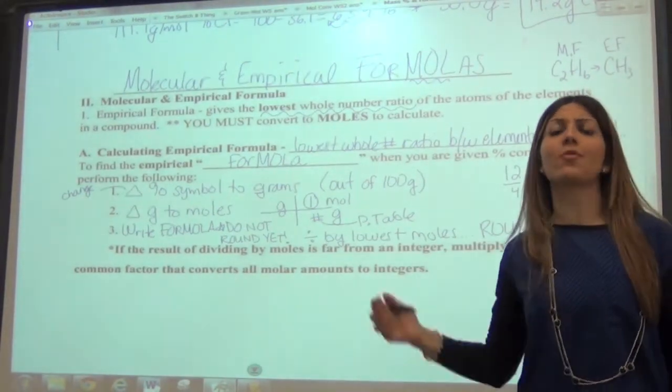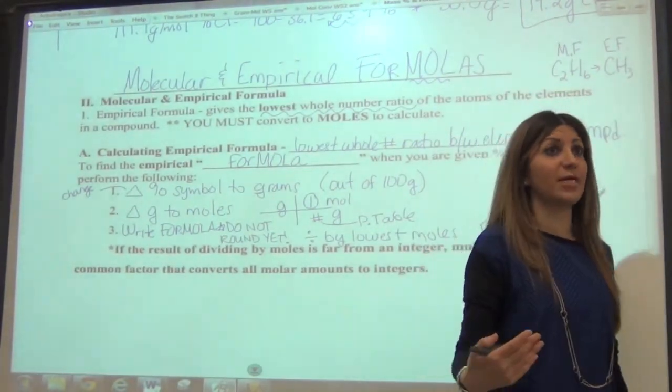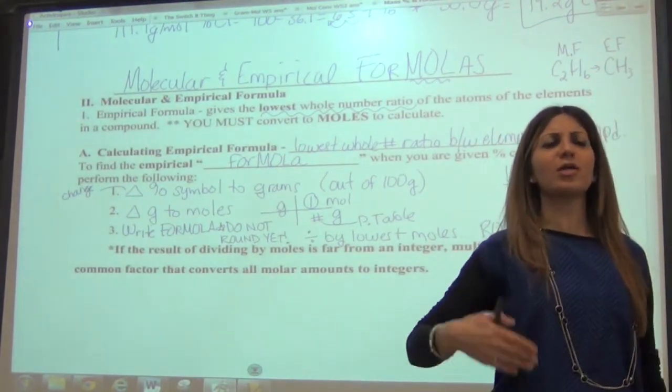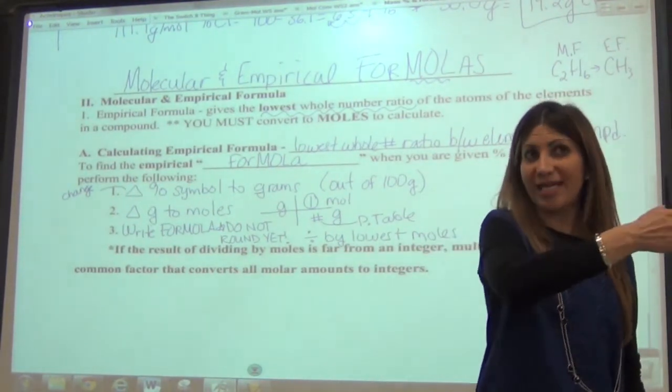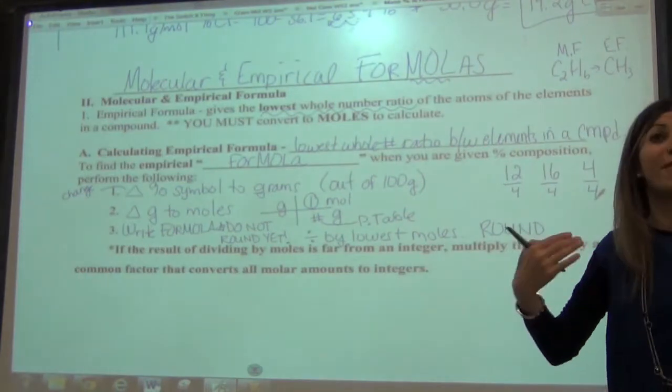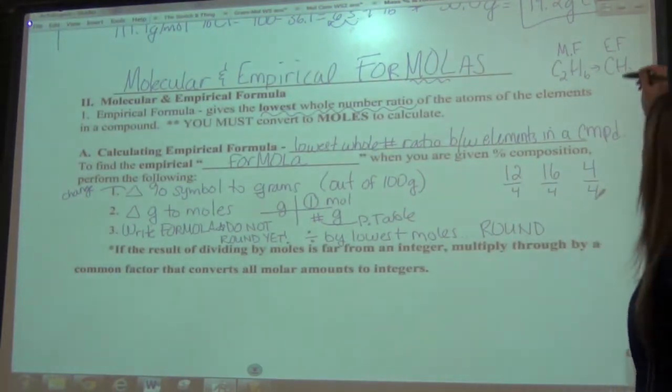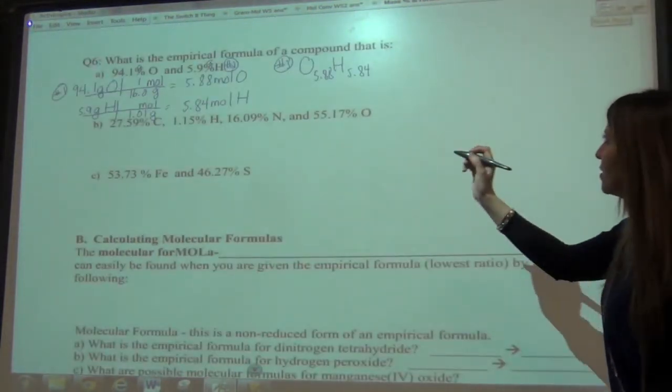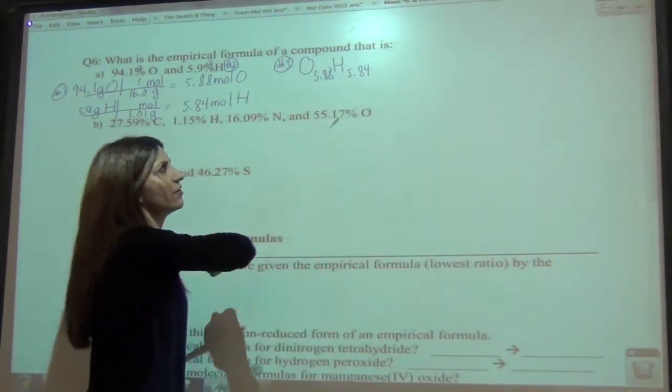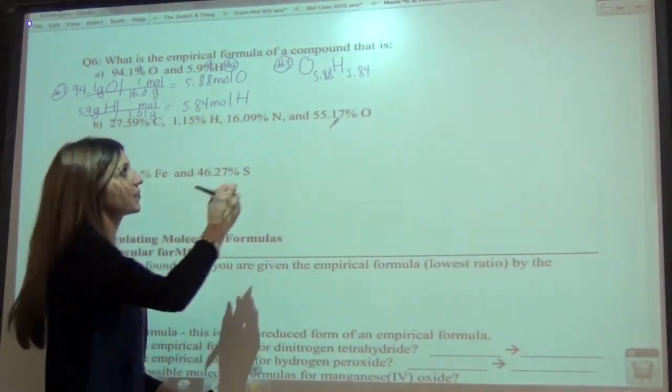And this really helps when we're doing these because the formulas have to be in whole numbers. So we know as long as our lowest number is 1, it's going to really guide us in finding how many we have of all of the other elements. So let's come back here. Which one's lower, 5.88 or 5.84? 5.84.